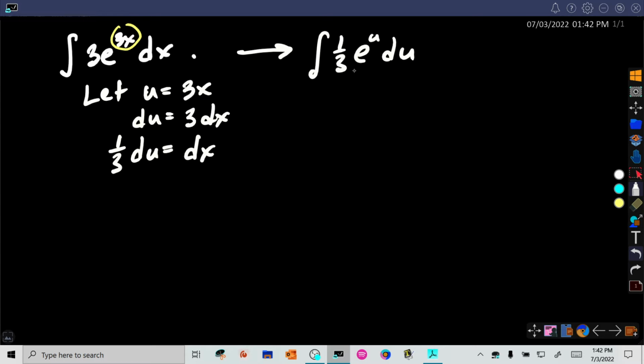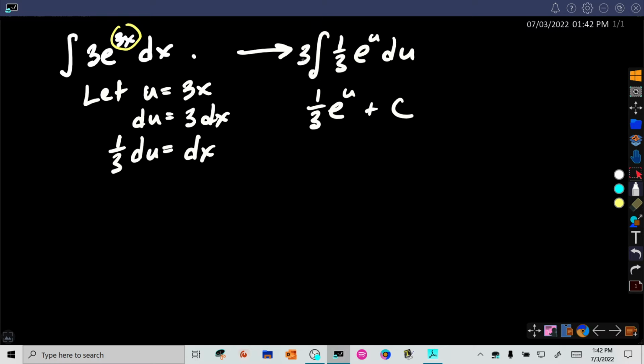Now we can take the integral of this, because the integral of e to the u is just itself. So all I'm left with is 1/3 e to the u plus c. Oh, I forgot that 3.